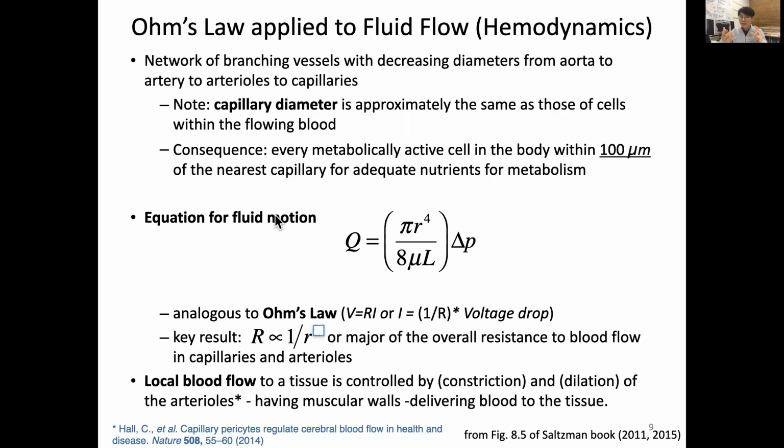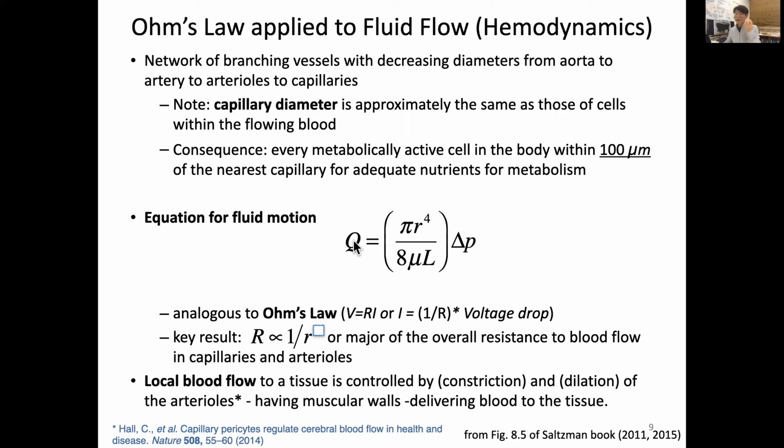You can apply this to derive the fluid version of F equals ma, which we call the Navier-Stokes equation. And that you can solve with a very simple geometry such as pipe flow. So by solving that, we will get this.